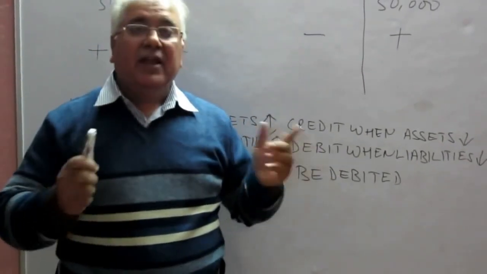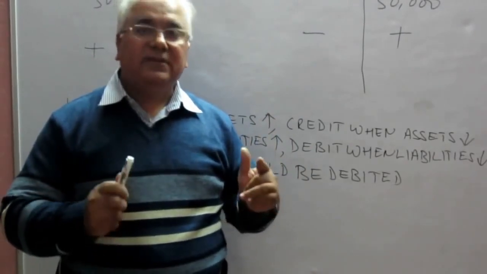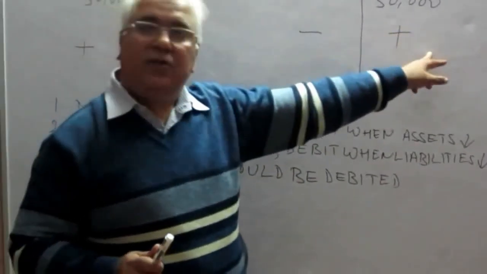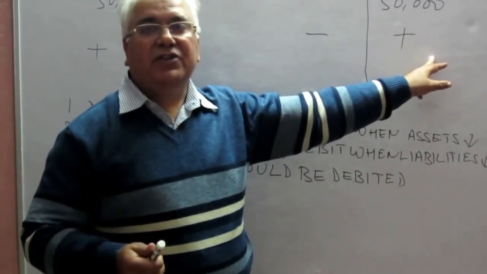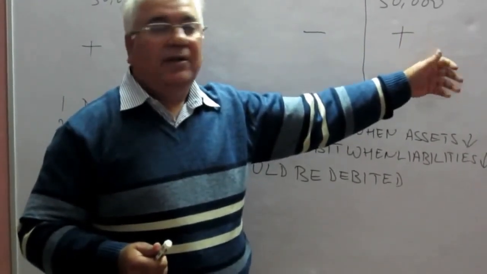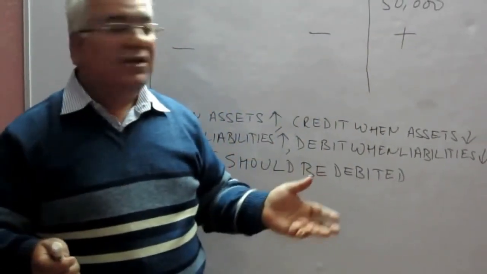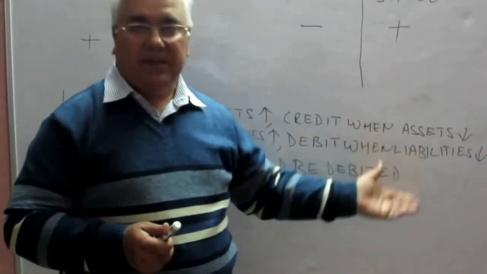Why so? If a separate account was not maintained, all incomes would have been credited to the capital account. Just like in the accounting equation, we add all our incomes to the capital account. But for our analysis purposes, we need to keep all income accounts separate.